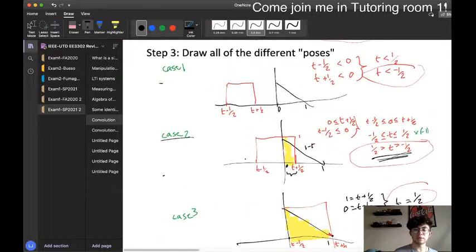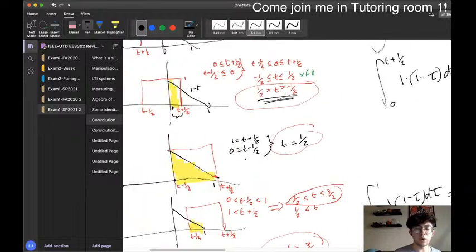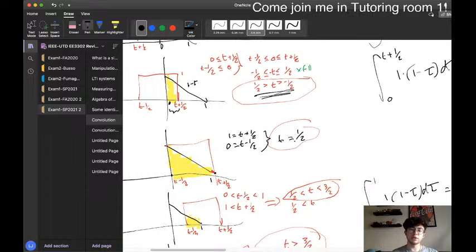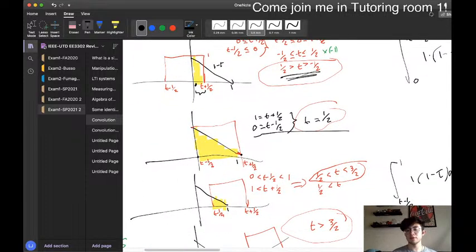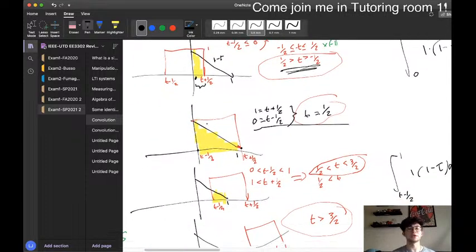So case 3 is one where we don't really have these inequalities, but the difference here doesn't matter. All that matters is that we have our yellow defined everywhere. So everywhere where our ramp function is defined, and also our box. So we can actually have the bounds 0 to 1.